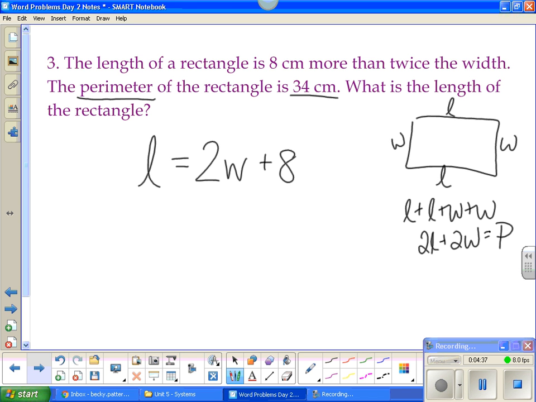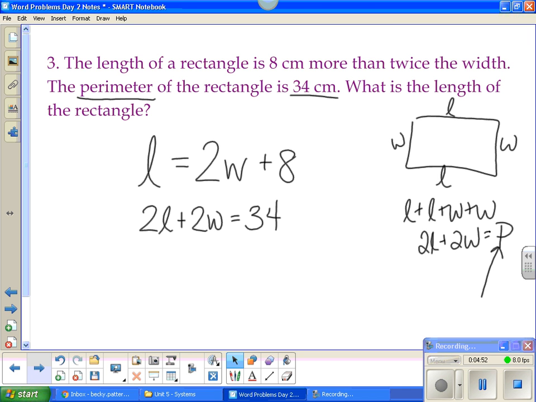So 2L plus 2W is my perimeter. Well, the perimeter is 34. So I know what that is. So I have 2L plus 2W equals 34 because I know what the perimeter is supposed to be. And then this is a system, and it's a substitution.